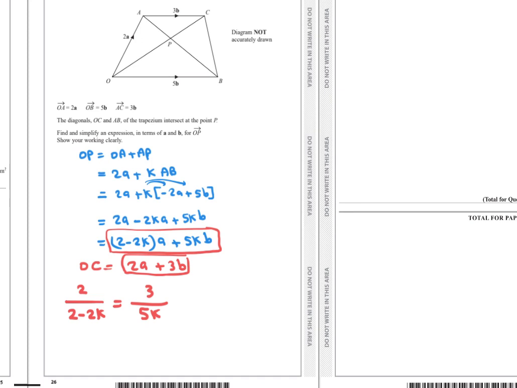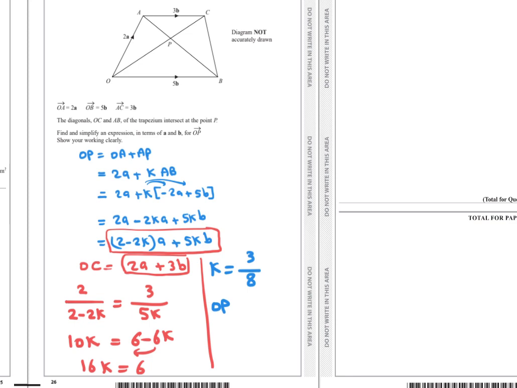2 times 5k is 10k. 3 times (2 minus 2k), so 6 minus 6k. Now transpose negative 6k to the other side as positive, so 16k equals 6. Divide by 16, so k equals 6 over 16, or 3 over 8. Now we have k, then we can find OP in terms of a and b.